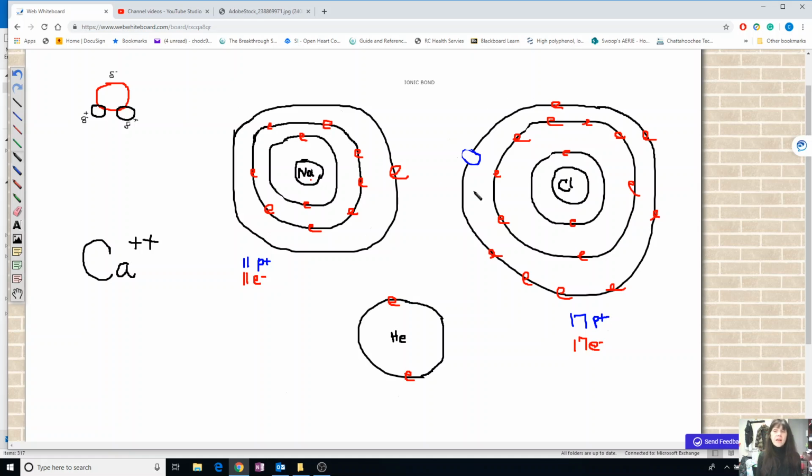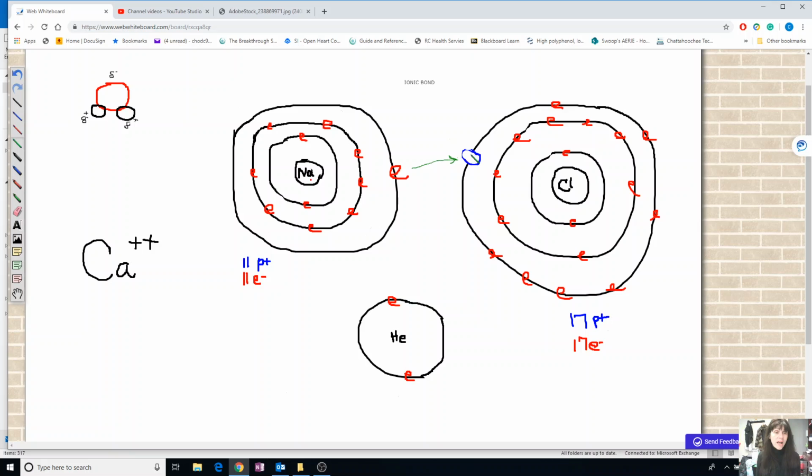If sodium and chlorine were far apart from each other and far apart from any other atoms, they would not have a way to interact with anything, and this is how they would remain. If sodium and chlorine are brought close enough to interact, then what we see happening is this negative electron is going to want to jump ship and go over to chlorine so that it can take this spot.